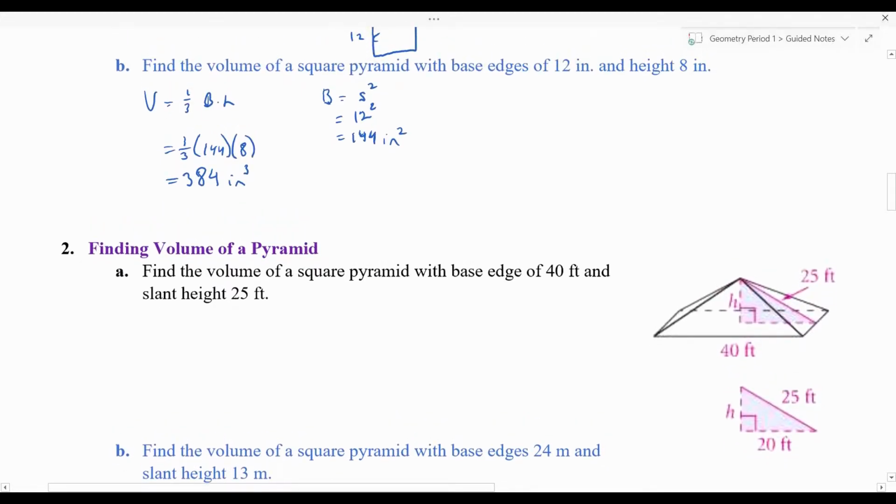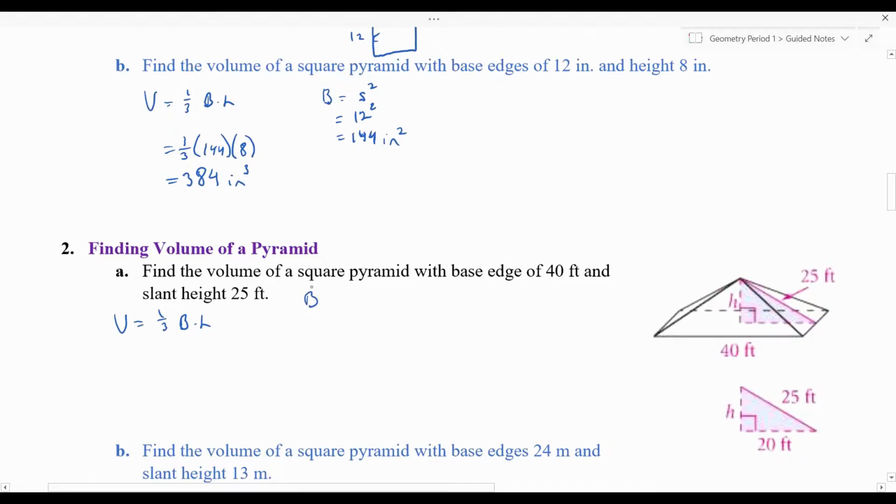In our next example, find the volume of a square pyramid with a base edge of 40 feet and a slant height of 25 feet. Okay, let's see how we do this one. Still, we're going to use the formula: volume equals 1/3 the area of the base times height. Let's work on the base.